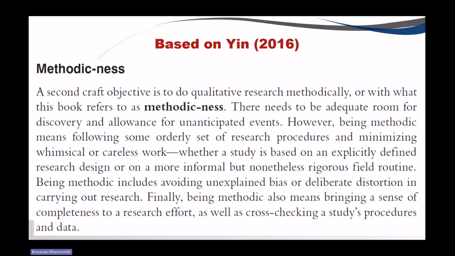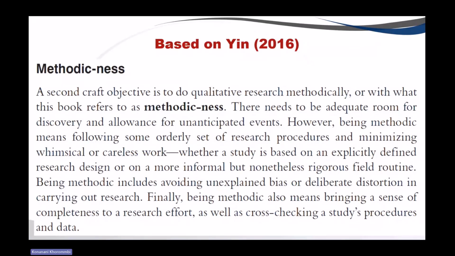And if we follow that explicitly, we believe that it would be part and parcel of instituting methodicness in that study. Being methodic includes avoiding unexplained bias or deliberate distortion in carrying out research. Distortion in order to fulfill our own ambitions or assumptions or preferences is what we must avoid.